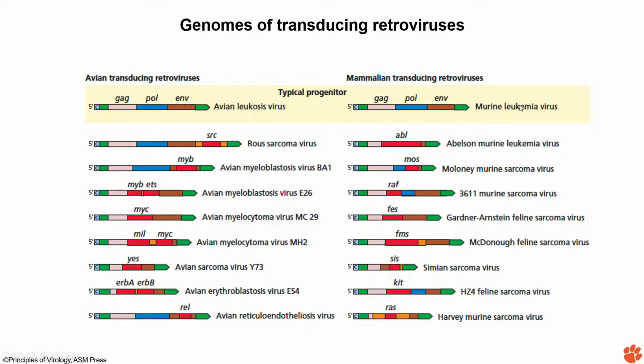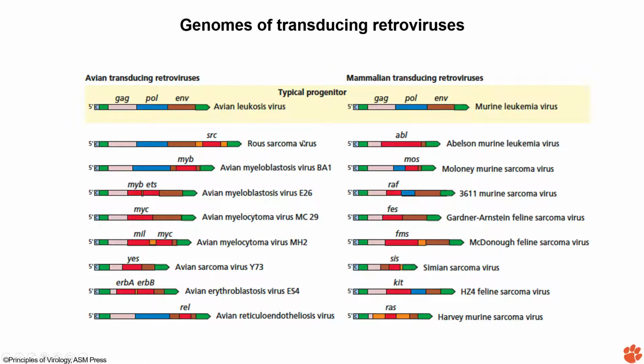Here are the mammalian transducing viruses. The same thing: GAG, POL, envelope. Murine is a mouse leukemia virus. And you can see that right here, these are the ones. And most of them are defective viruses. That's one of the reasons that when you have a defective virus, the chance of having a tumor is much less.